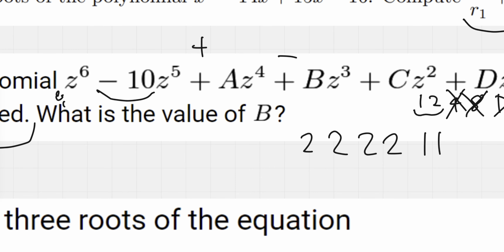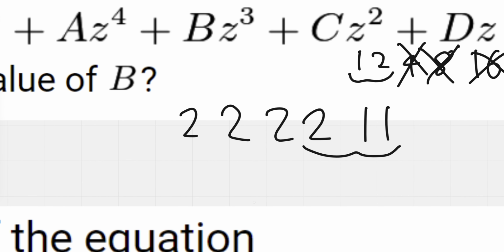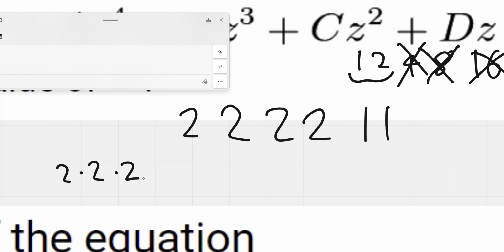So every term in b is going to be something like 2 times 2 times 2, or 2 times 2 times 1, or 2 times 1 times 1, and you'll notice, actually, it can't be anything else.